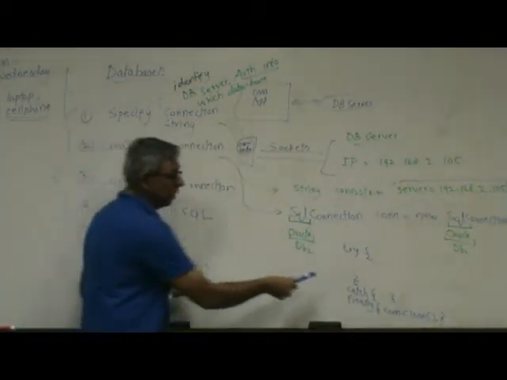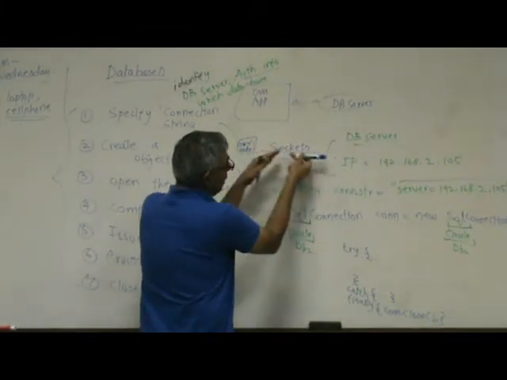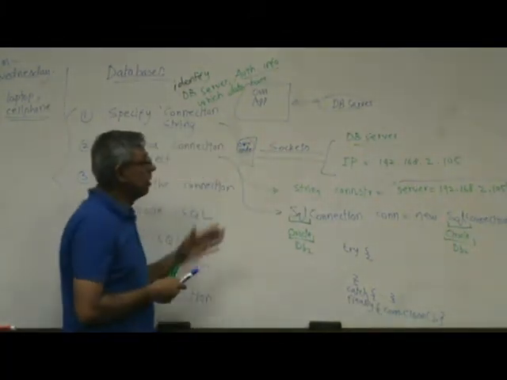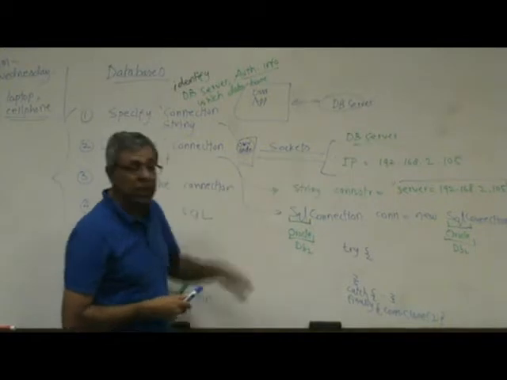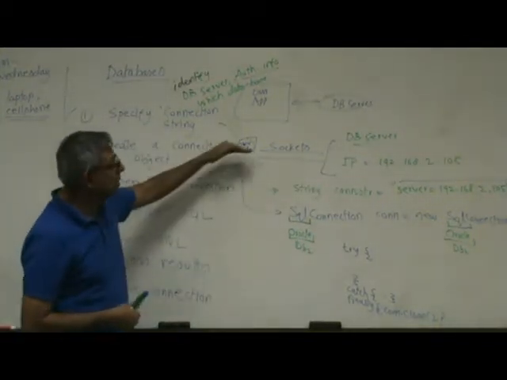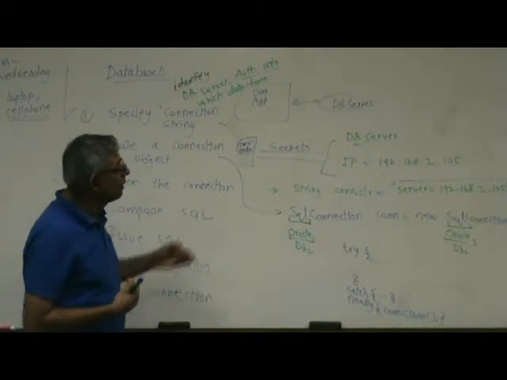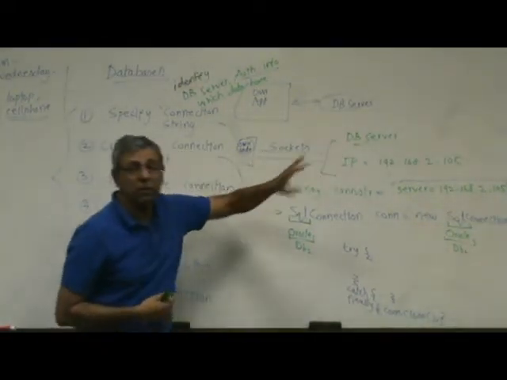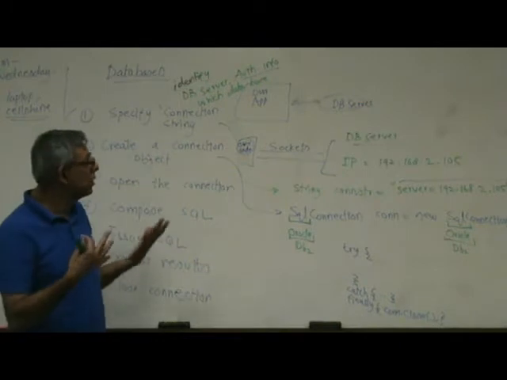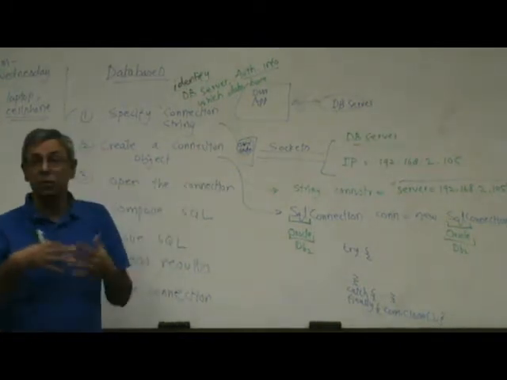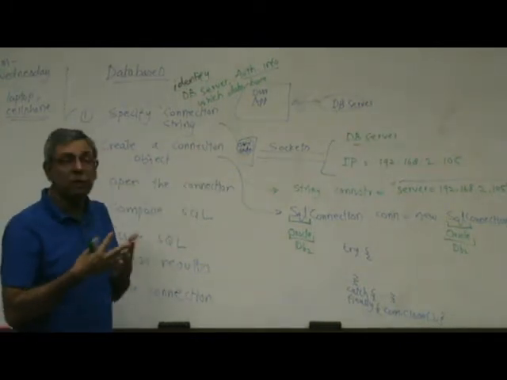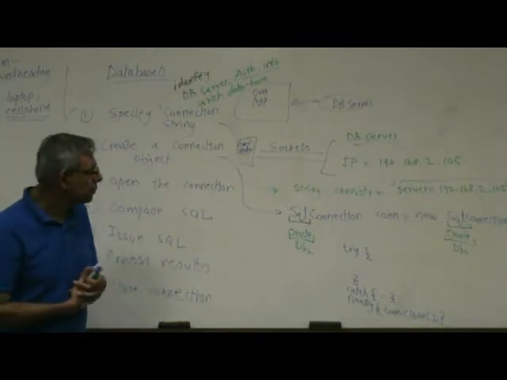So this will make sure that we don't leave the connection hanging, because if too many clients connect to the database server and the connections are open for a long time, then over a period of time the database server will run out of connections and your whole application will start to either not work or work very, very slowly. Okay?